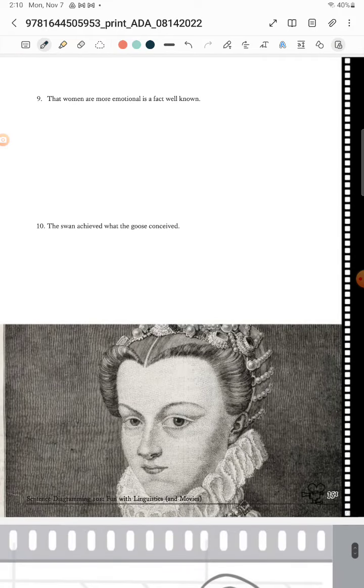Moving on to number 9. Oh, this is super timely. You would not say this in a book right now. That women are more emotional. Subject, linking verb, is what? Is a fact. And then these are all adjectives. So you've got women are emotional. Huh.